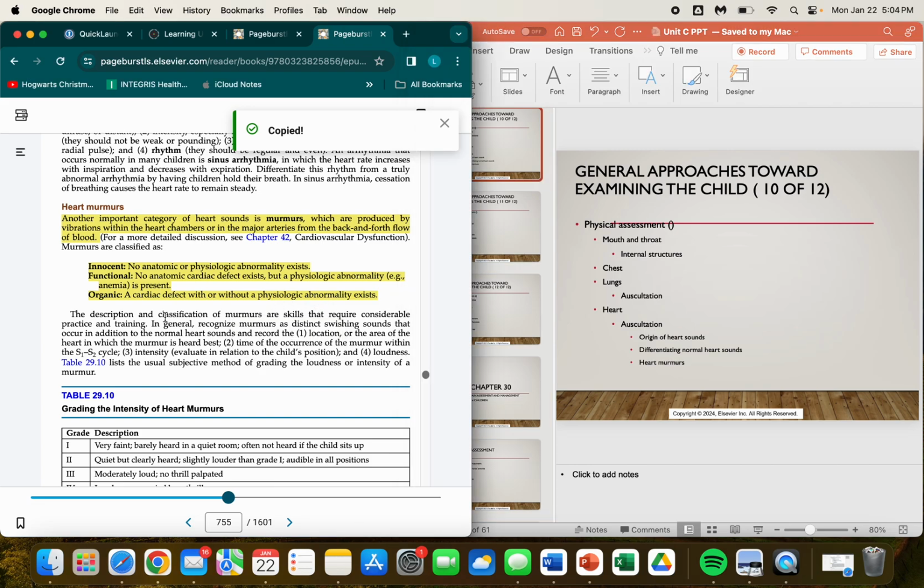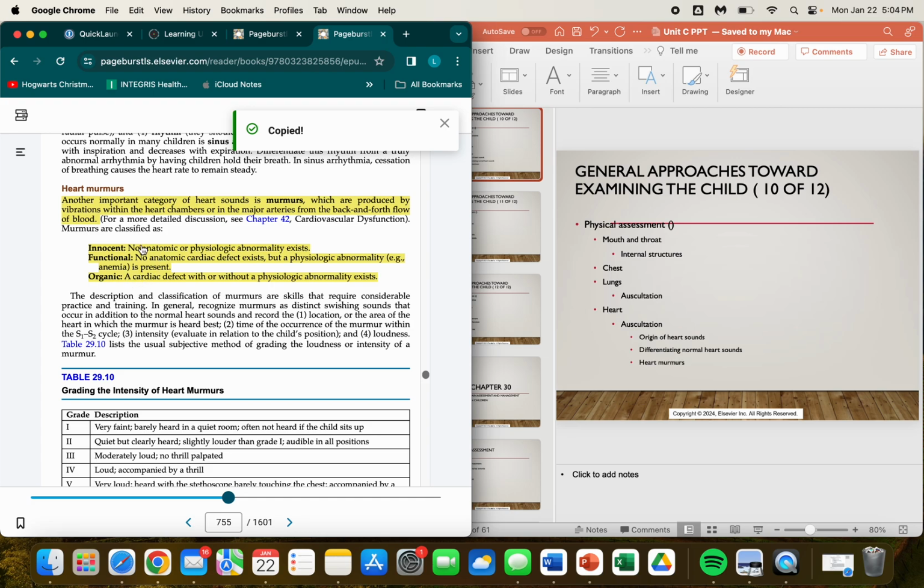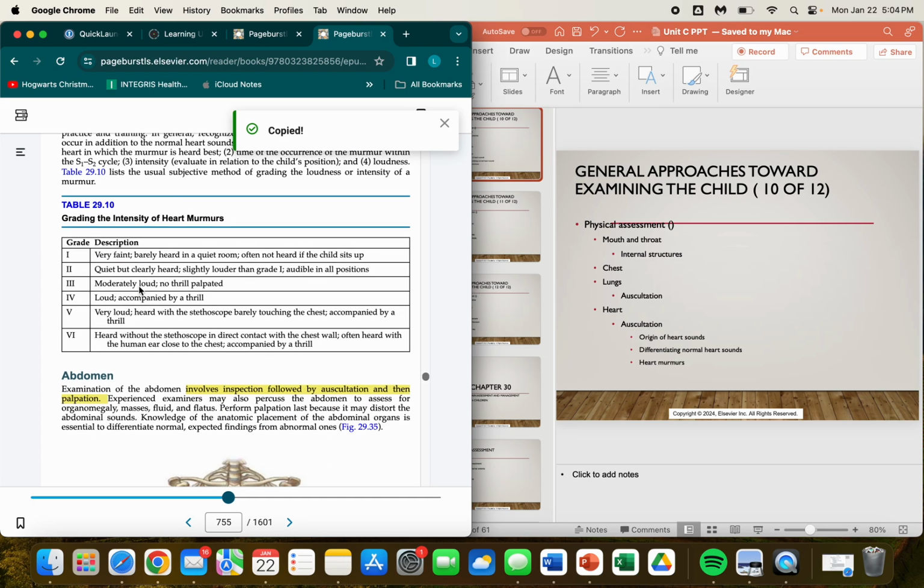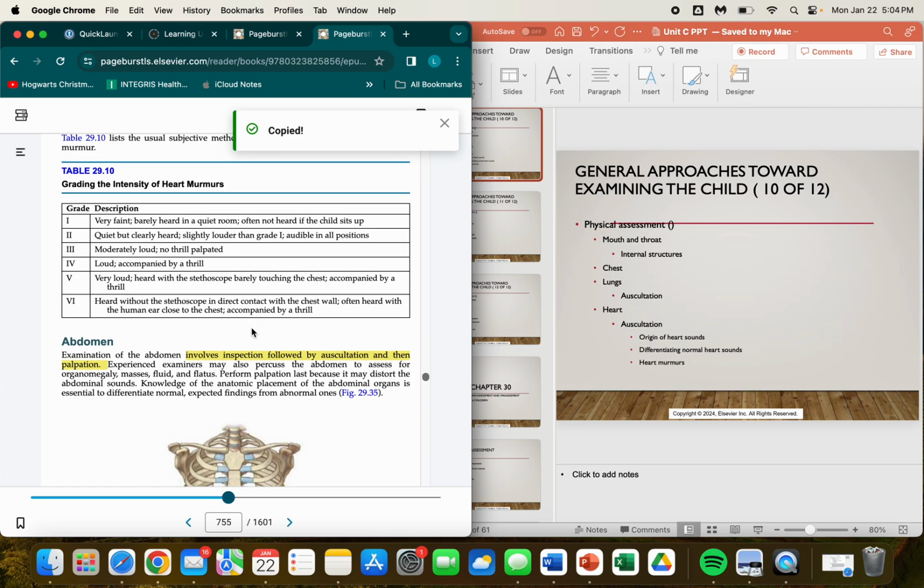That could be a congenital heart defect like tetralogy of Fallot, which we'll get into a little more in later semesters. But just note that upon pediatric heart assessment, a heart murmur is slightly more common, and they can be categorized as these 3 things. And then they actually do have a grade for murmurs, for how loud to quiet they are.